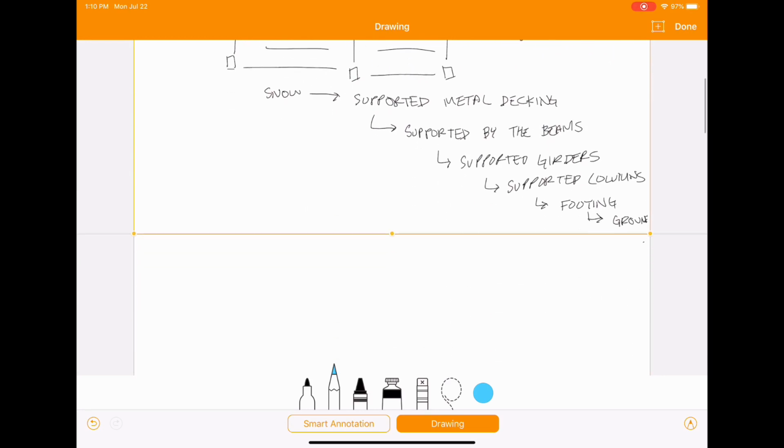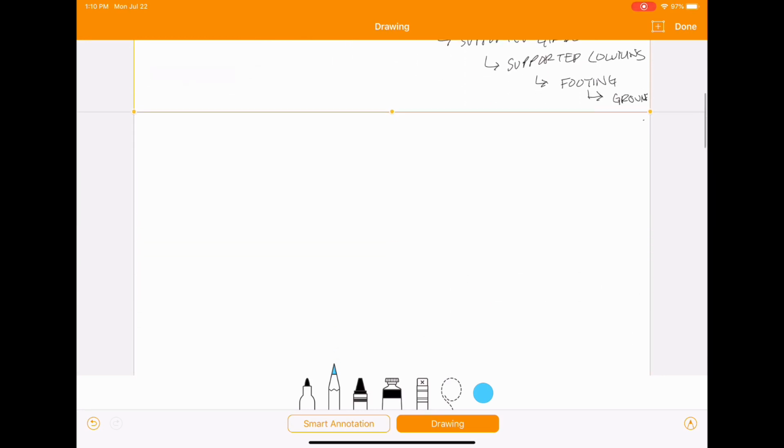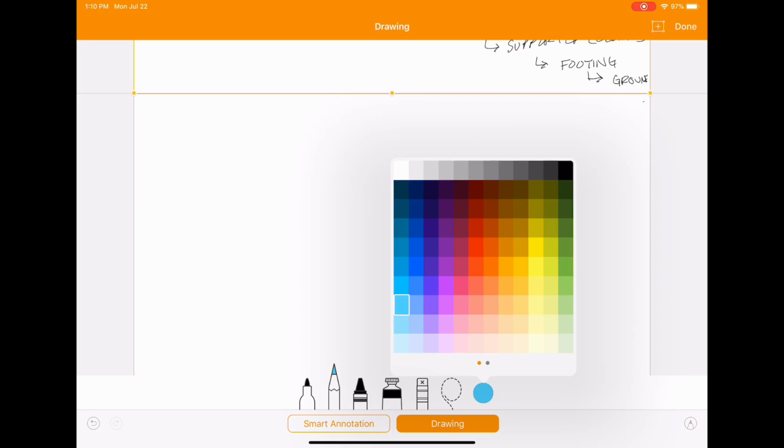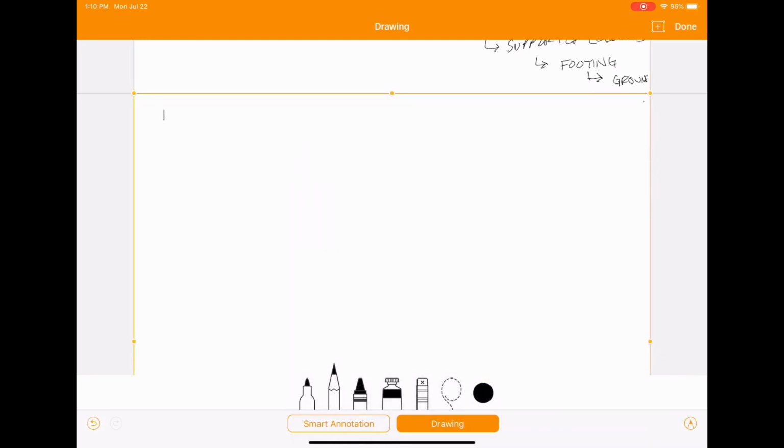So if we look at one of those beams, this is kind of what we're going to have to do and understand. So your beams will have some uniform load on it.